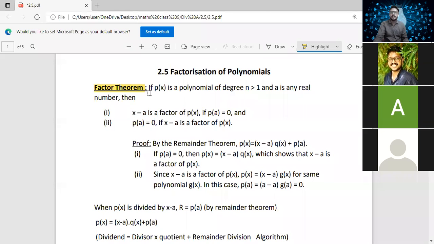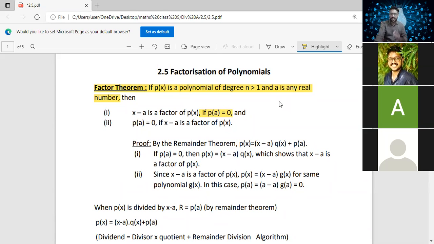So let us start. What does the factor theorem state? It states that if p of x is a polynomial of degree n greater than 1 and a is any real number, then we can infer two things. What are they? First, if p of a is equal to 0.